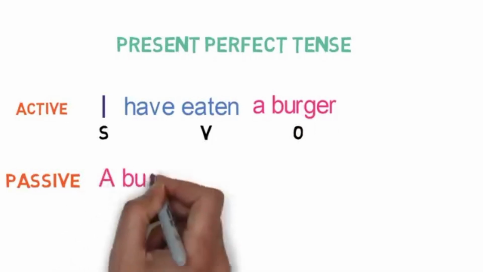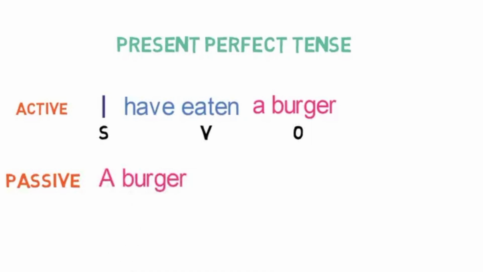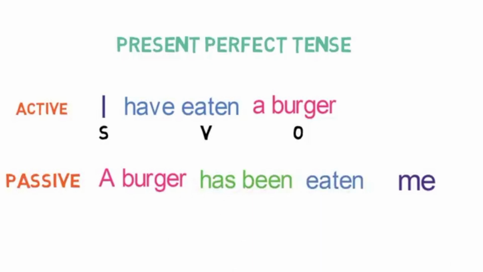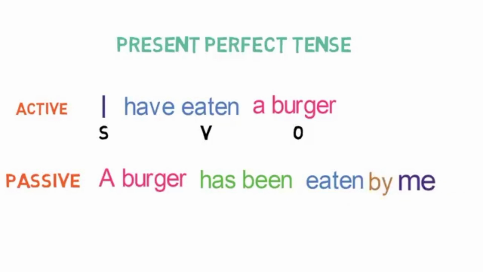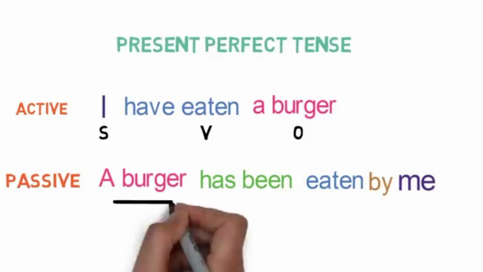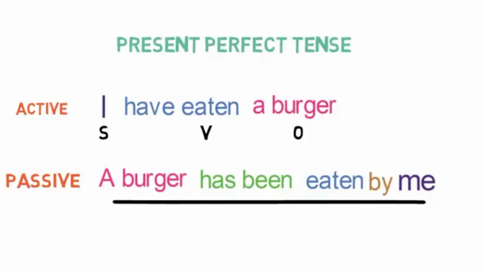Here it will be a burger and at this position it will be me. Now converting the main verb to third form, it will be eaten. Next, adding a suitable helping verb, it will be has been. And lastly, we need to add by here to make the sentence complete. So the whole sentence is a burger has been eaten by me.